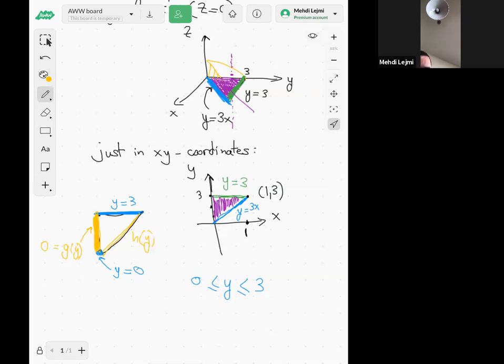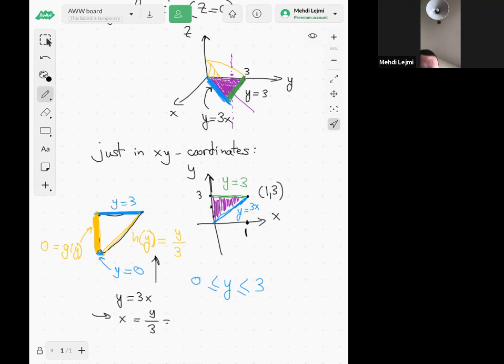And this one here, this is y equals 3x, right? And if you solve for x, then that will be x equal to y over 3. So this h of y is y over 3, right? It's supposed to be a function of y here, because y is fixed. It's between 0 and 3. So all I'm saying, guys, is that I have y equals 3x, so I'm solving for x, so that's y over 3.